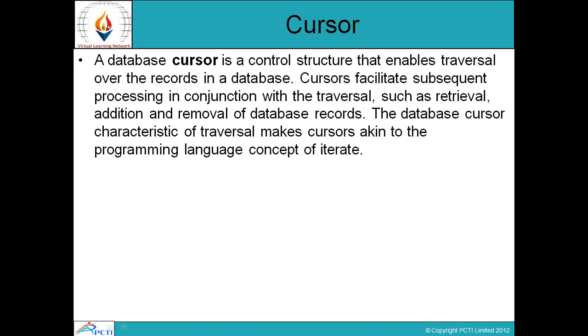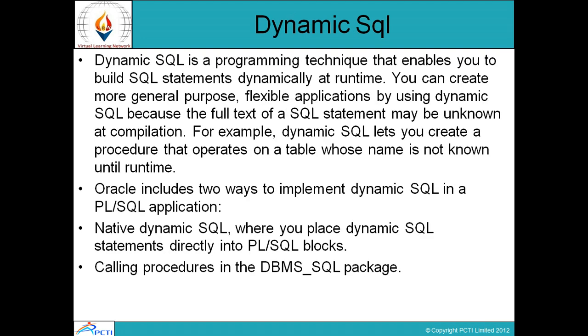Cursors facilitate subsequent processing in conjunction with the traversal, such as retrieval, addition and removal of database records. The traversal characteristic of database cursors makes them akin to the programming language concept of iterator. We can use a cursor effectively to work on more than one row of the database simultaneously.